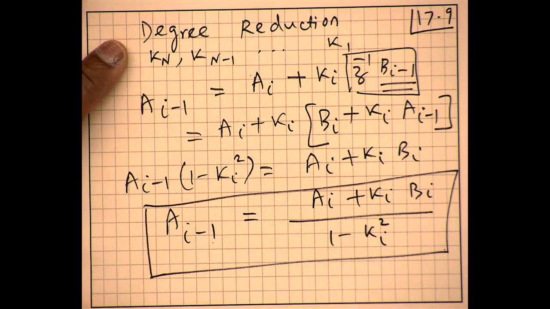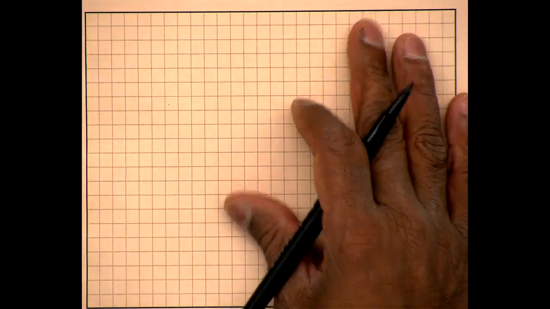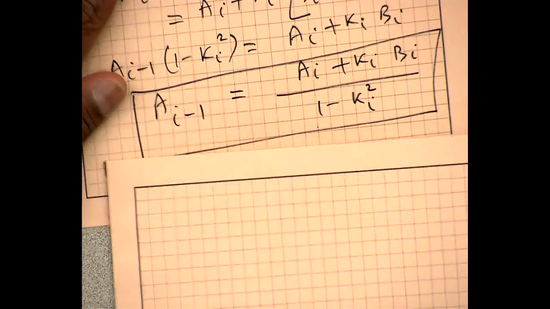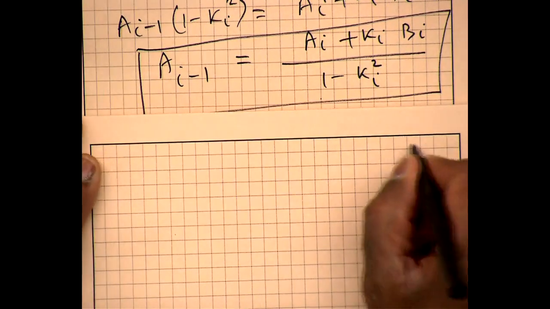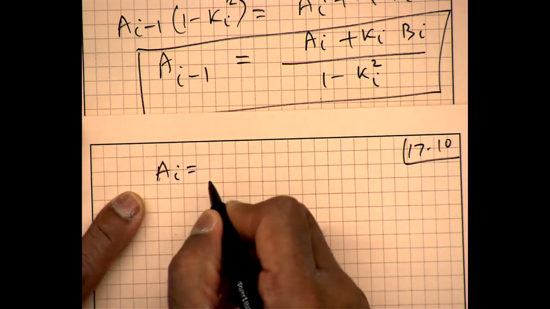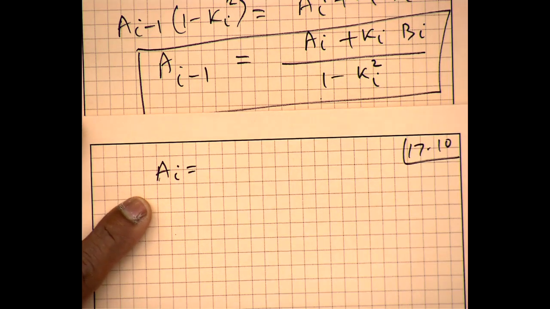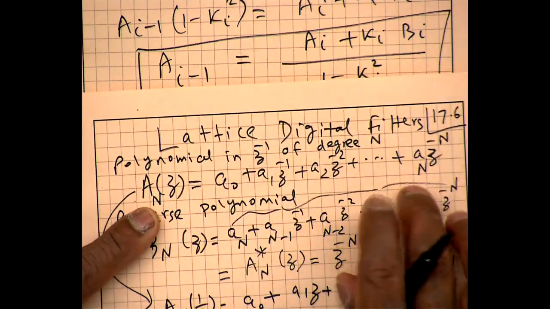Okay, one other thing that I should say: what exactly is the K coefficient? Let's take an example. Remember Ai is this quantity up to degree i.